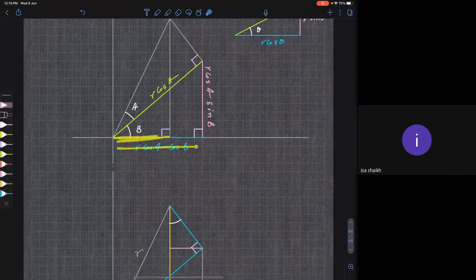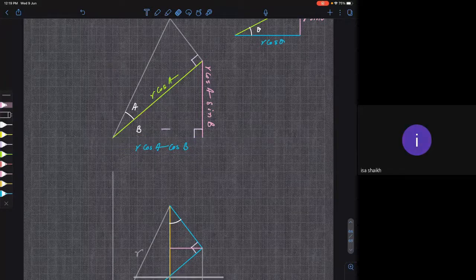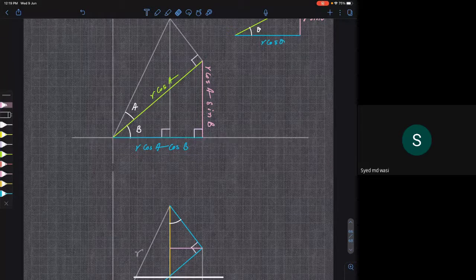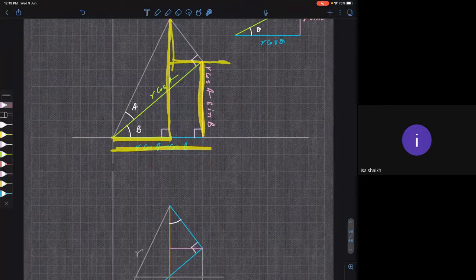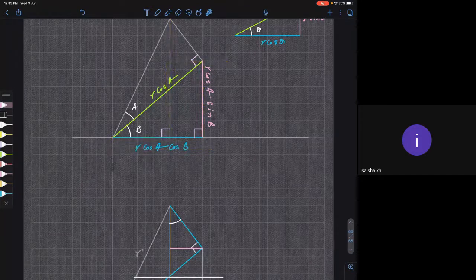I have this full side. Basically, I want the value of this side, but unfortunately I have the value of this side, and I have only up to this level.